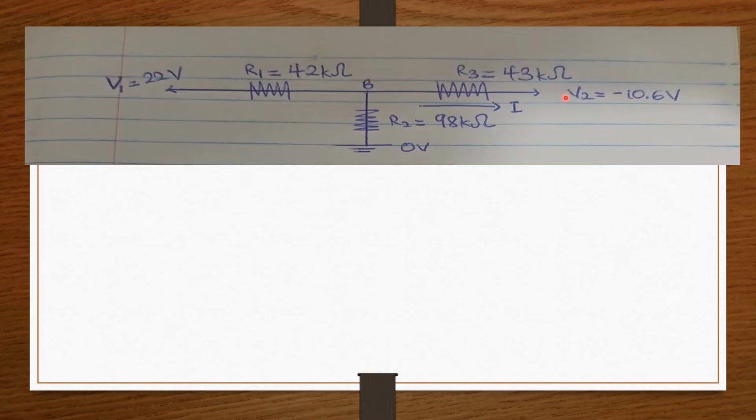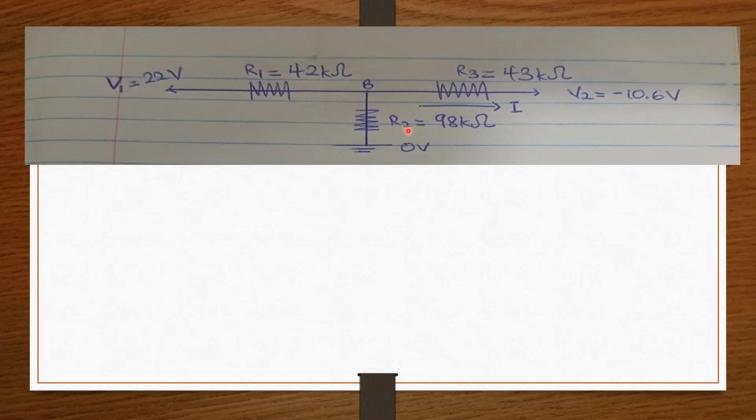So in order to know the voltage at VB, which is the B node, we are going to use the voltage divider theorem to find the voltage that is being divided here at VB. From the voltage divider theorem, we know that the point VB, which is the dividing voltage, is going to be V1 times the dividing resistor divided by the sum of the dividing resistor and the first resistor.